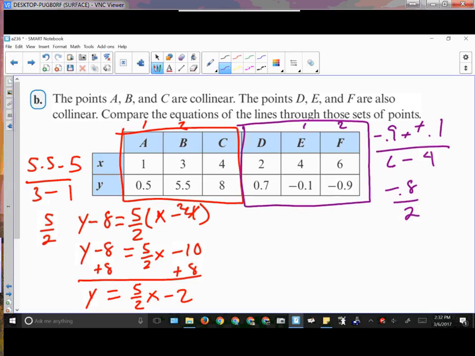Now, decimals and numbers, yuck. Can I easily change this and get rid of those decimals? What could I do to do that? Could I just put the decimal point here and call this negative 8?